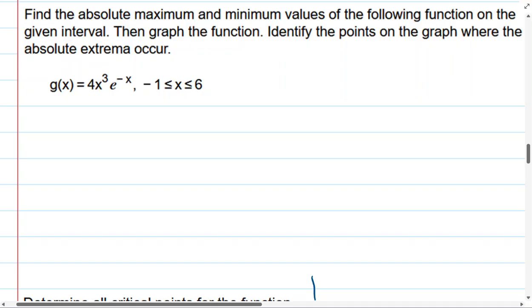So we know we have a closed interval at -1 and 6. And we have a product rule and chain rule. So let's see what we can do.